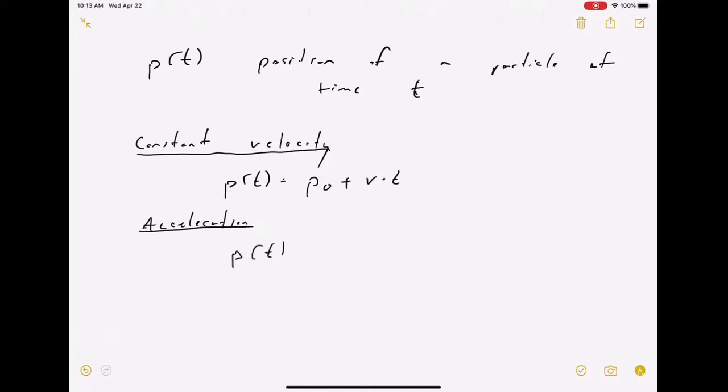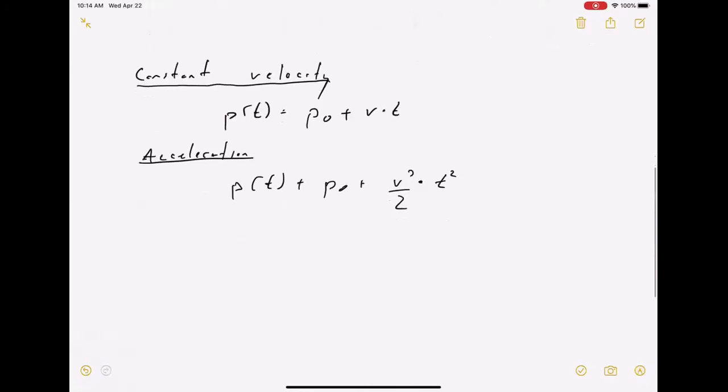Then our equation would look like this. Well, this is starting to look like a Taylor series, or a Taylor polynomial. And it is.